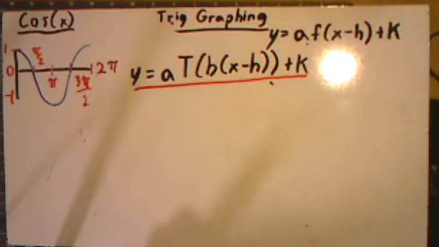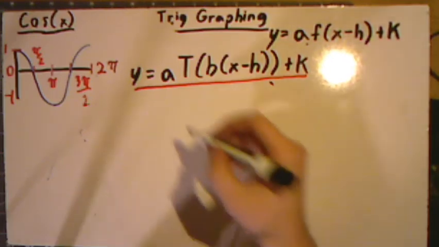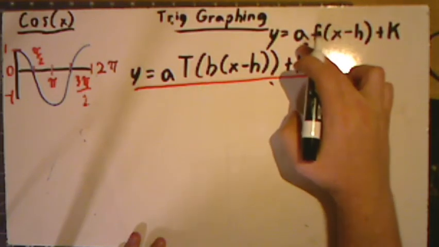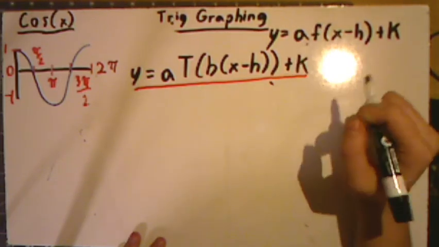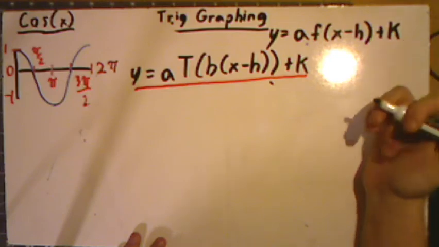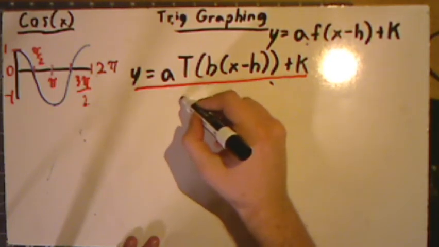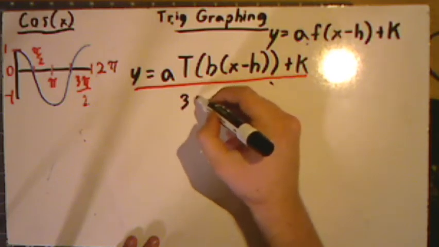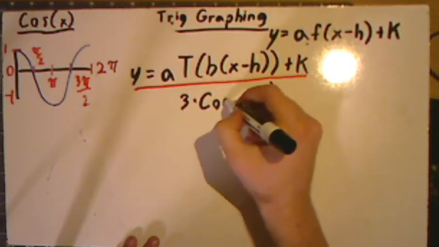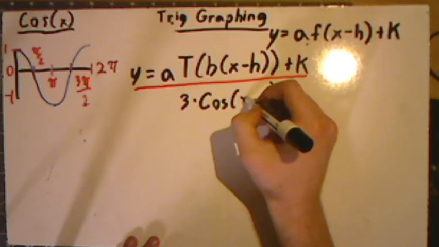But now let's move on to the final value that we would recognize, that outside multiplier, what we would call the amplitude or the size change. So let's make this one 3. 3 times cosine of x.